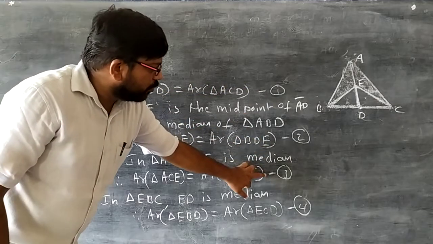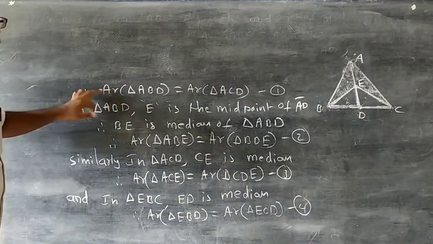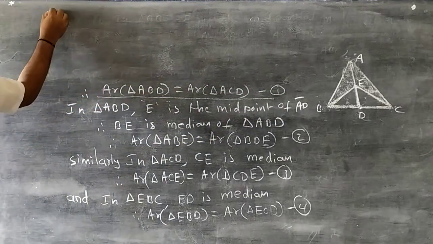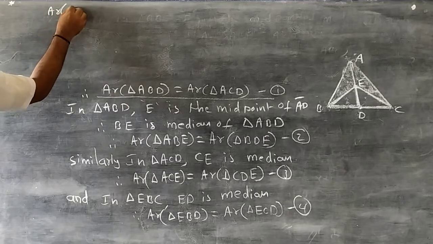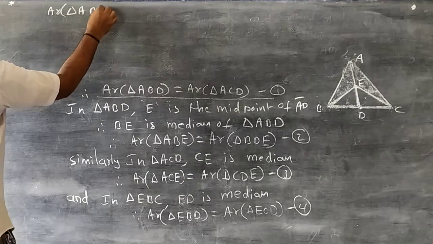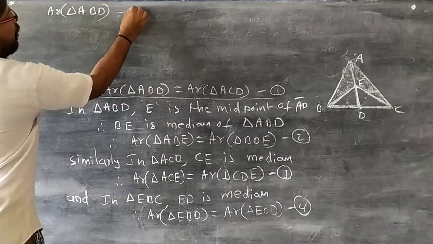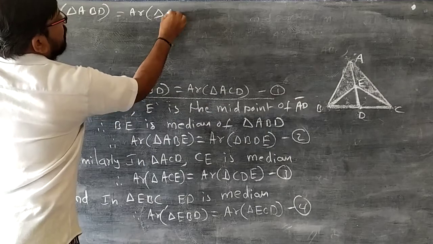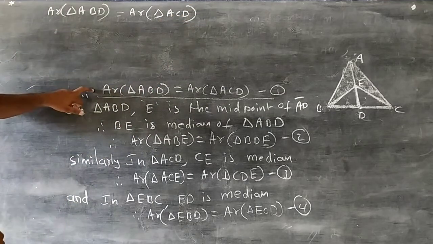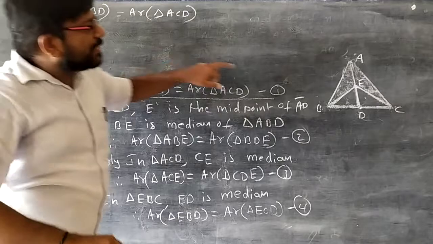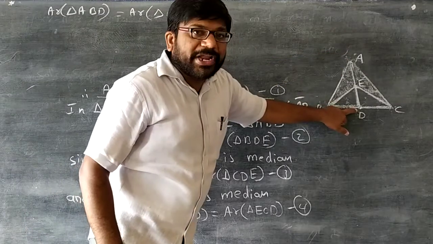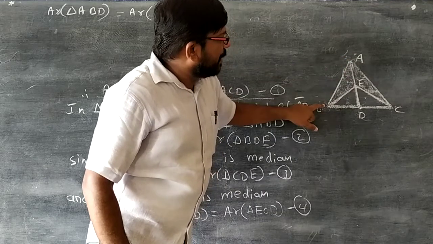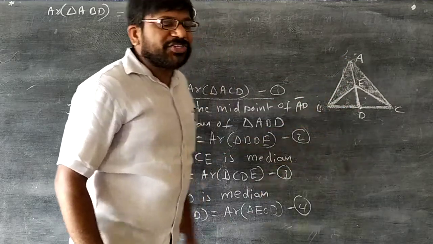We have 4 equations: 1, 2, 3, 4. By taking equation 1, the area of triangle ABD is equal to the area of triangle ACD. ABD can be written as the sum of these two triangles, AEB plus EBD.